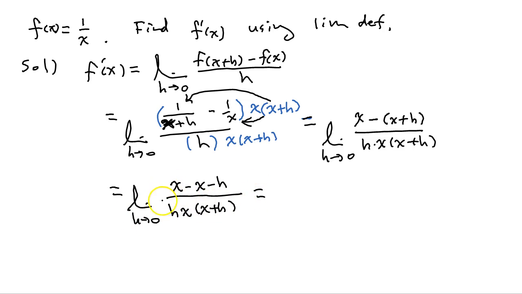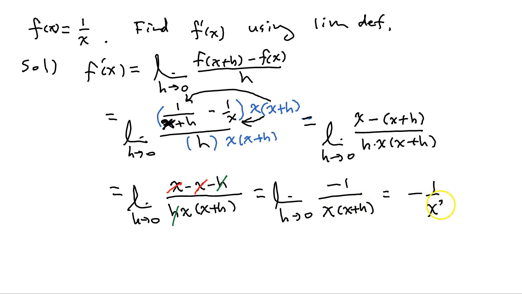And then now these two x's cancel each other, leaving you with negative h, and you see an h here, those two can cancel. And that leaves you with limit h going to 0 of negative 1 over x times (x plus h). And h, when sent to 0, you get negative 1 over x squared.